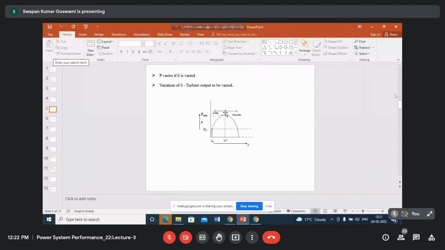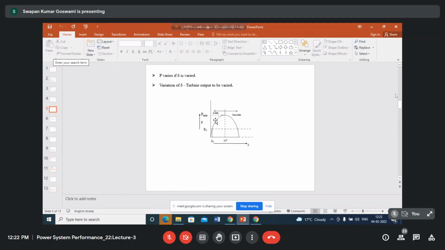If the input is increased above this point, that means if the speed exceeds synchronous, then delta will increase. As delta increases, the power output now decreases. It is not increasing any further. Up to this point, with the increase in speed, delta was increasing, and with the increasing delta, output was increasing, and the machine could regain the synchronous speed again.